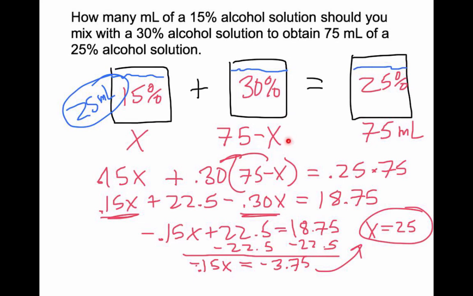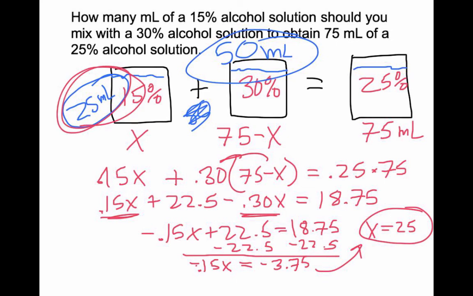I would need 25 away from the 75. I would need 50 milliliters. So to answer the original question, how many milliliters should you mix? I would need 25 milliliters of the 15% solution, and I would mix that with 50 milliliters of the 30% solution.